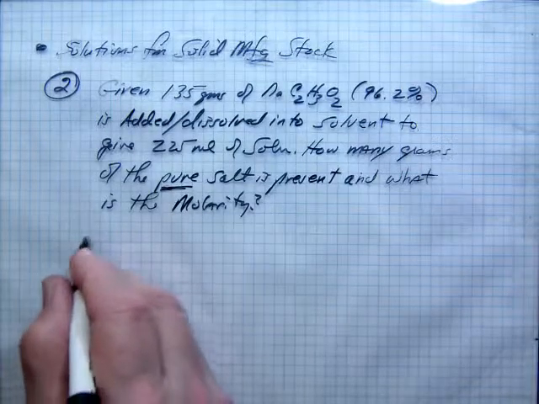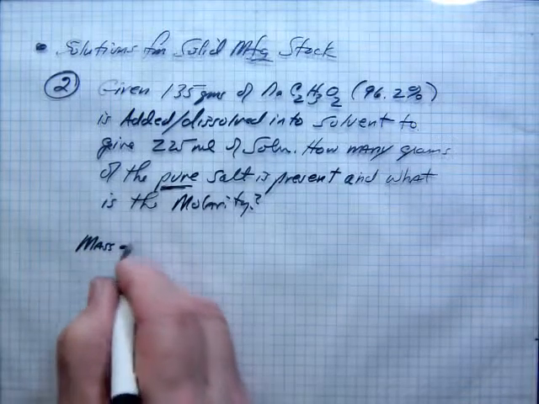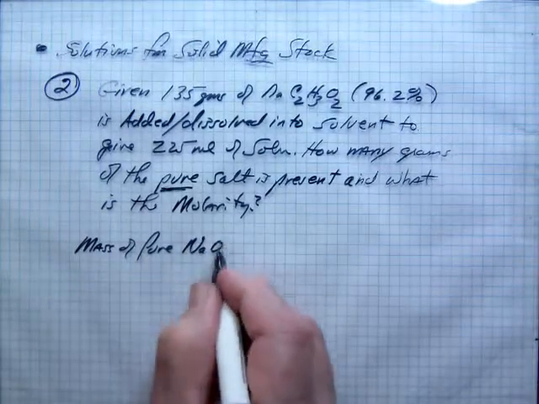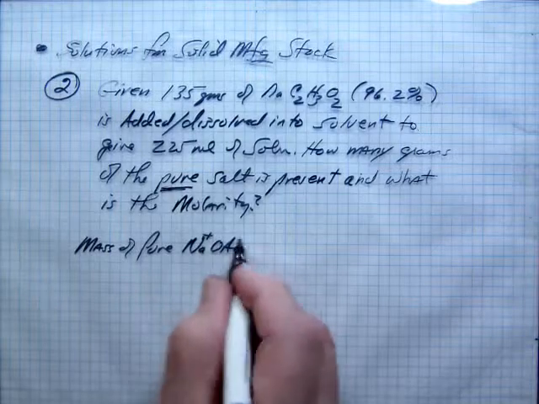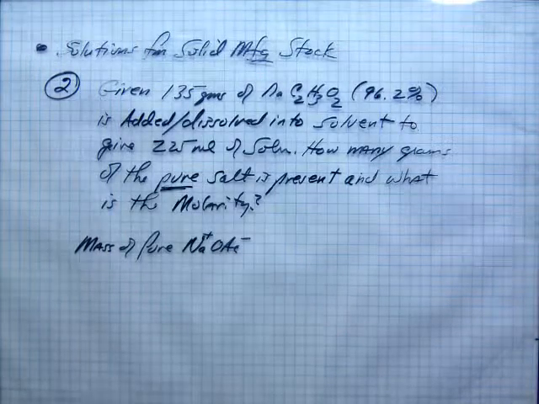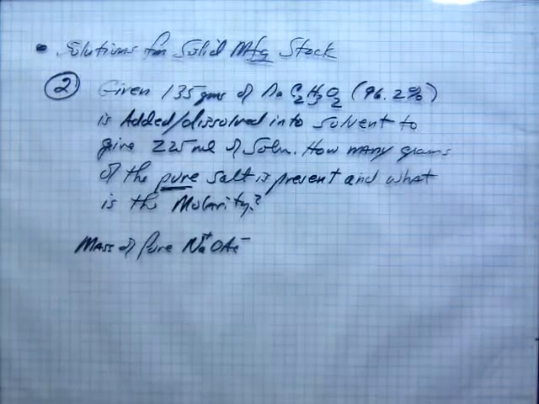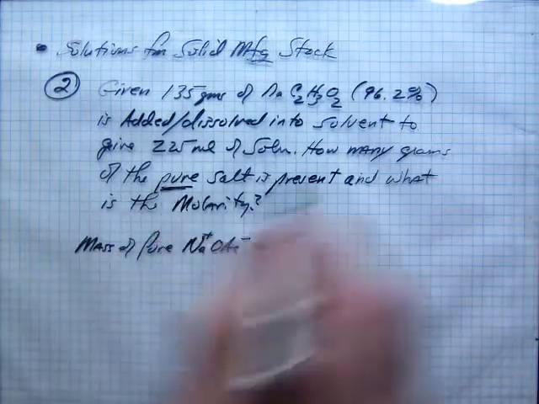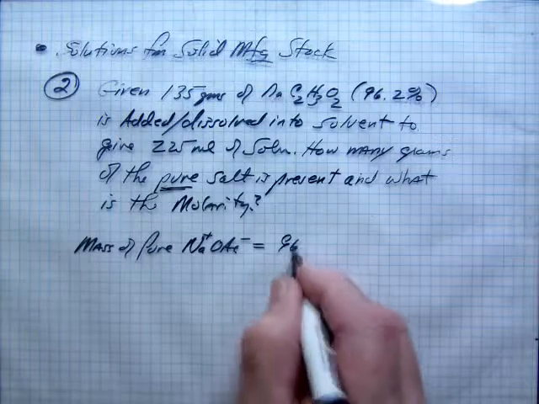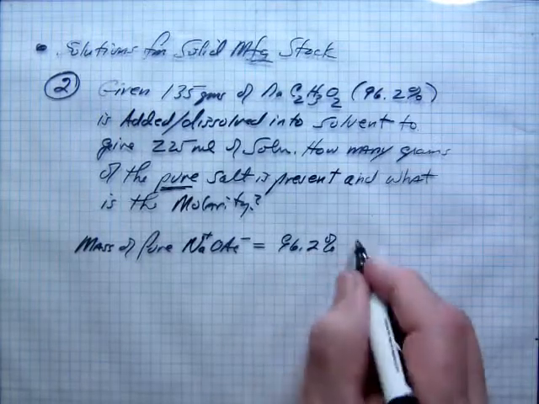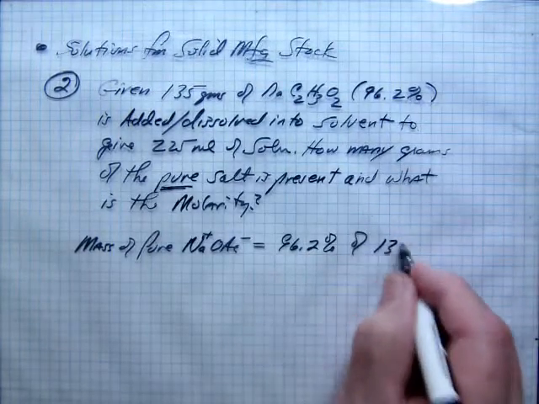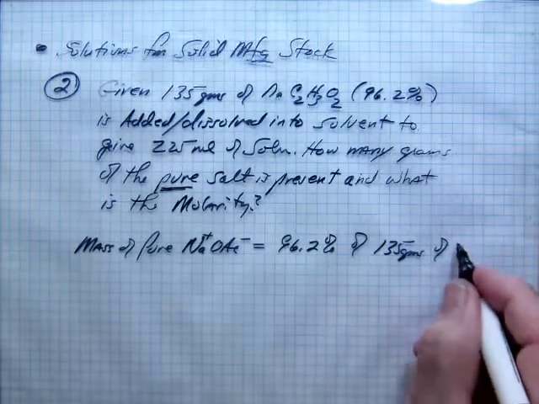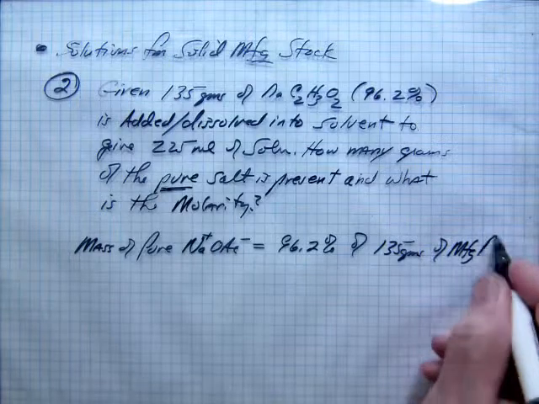So the mass of pure NaOAc, that's the abbreviation for sodium acetate, you'll see it again in the future, is equal to 96.2% of the 135 grams of MFG reagent.